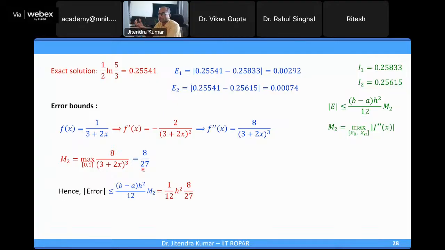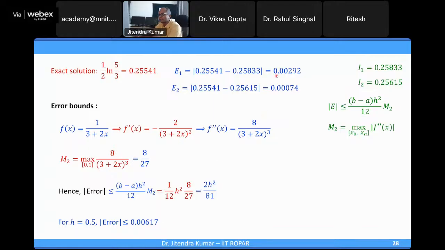These are the bounds you can get through this error formula, and because of the unknown f double derivative at some unknown xi, which varies depending on various factors, we can only estimate the double derivative in the whole range. And having said this, we have 1 over 12 h square times 8 by 27 and h is 0.5 in the first case. This result says that your error will be less than 0.0067.